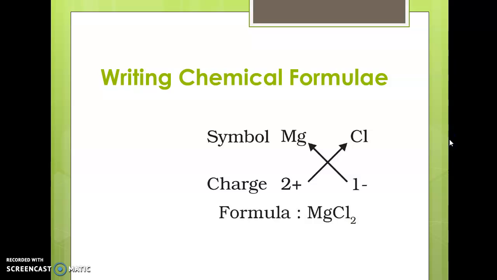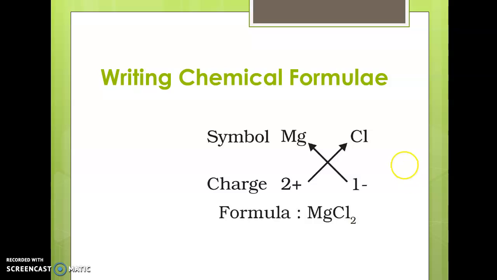Now, how to write the chemical formula? We all know that we should use the symbols of the ions and their valencies, cross multiply and write the formula. A simple example is given for magnesium chloride, Mg2+ and Cl-. Cl- means minus 1. So Mg1 and Cl2.